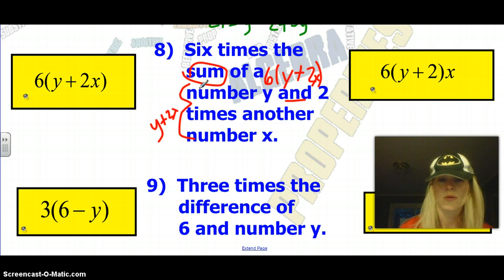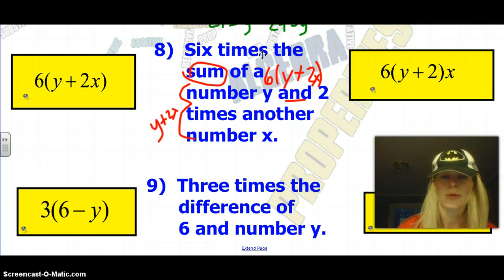Okay, so I could see you could have gone 2 ways on this. There's 2 answers that are close. This one has x in the parentheses. This one has x outside of the parentheses. If it was outside the parentheses, we would want to say the sum of y and 2x, and then you would say 6 times another number.